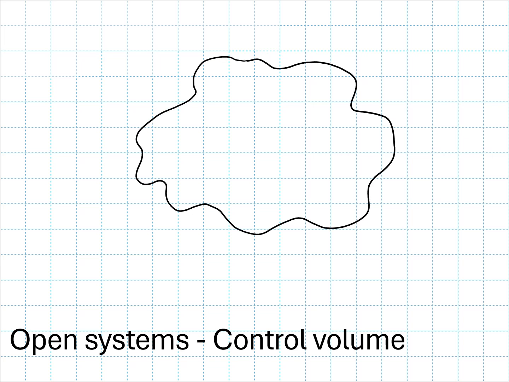So once again, I'm starting with an amount of mass, and everything that's inside of my control volume is separated from everything that is outside of my control volume by this red dashed line. Similar to the boundary of my system of mass, the boundary of the control volume we call the control surface.